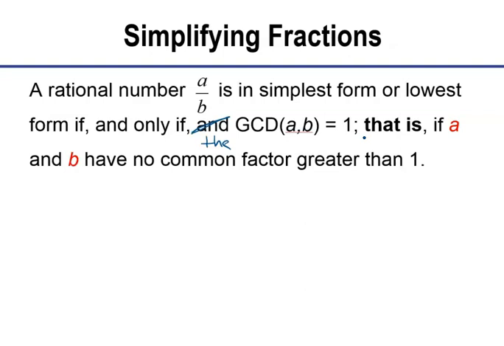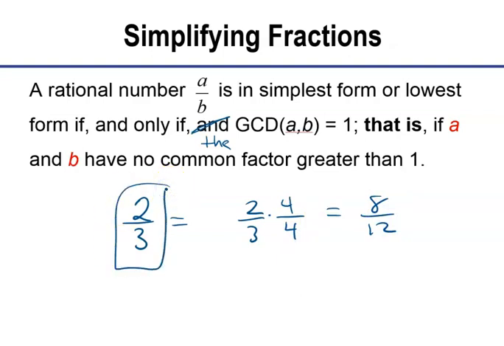So let's talk about this. For example, 2/3 is equivalent to, let's use our fundamental law of fractions, 2/3 times, let's multiply by 4 over 4. That would give me 8/12. Now 2/3 is in lowest terms. 8/12 is not in lowest terms. Why?